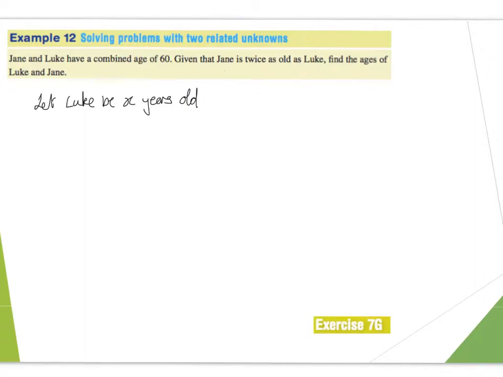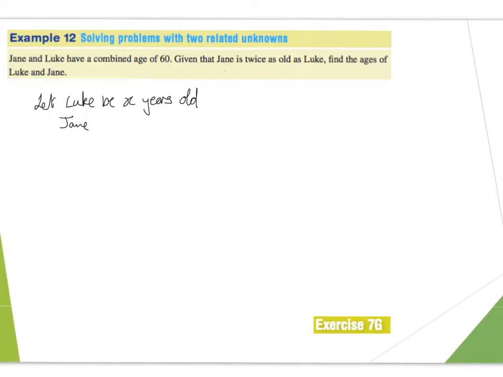Step number two was write an equation to describe the problem. And they say Jane and Luke have combined ages. If Luke is x years old, how old is Jane? Remember, they're related, so we can say, well, Jane is twice as old.